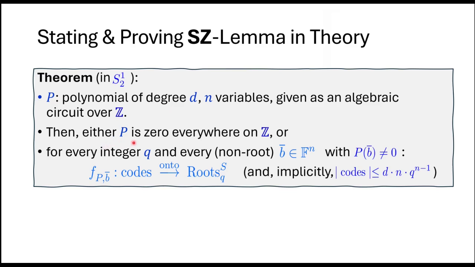Then either P is 0 everywhere on Z, like what we did before, or for every integer Q and every non-root B, the encoding function that I described before, FPB, from codes to roots over the Boolean cube, is the following.